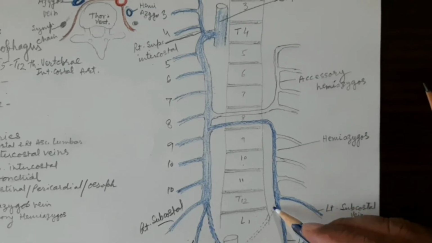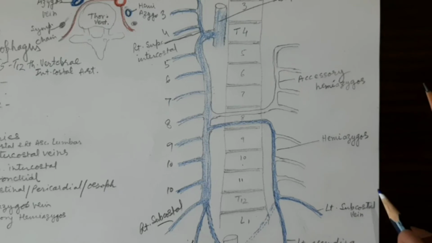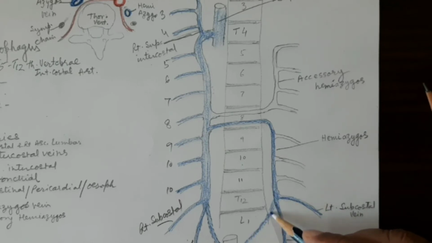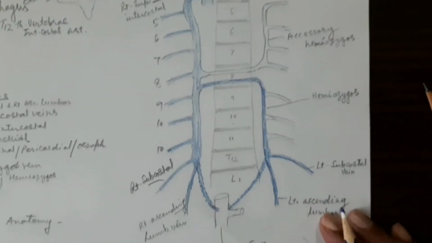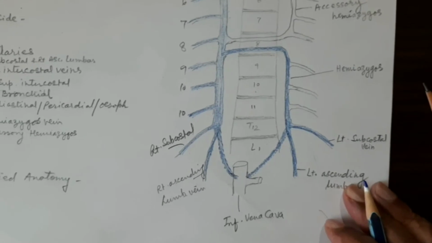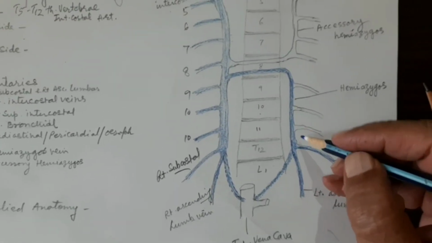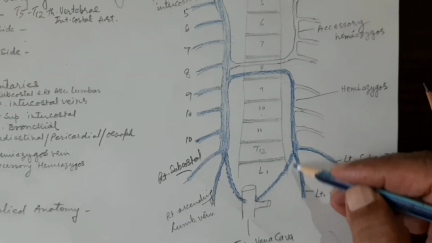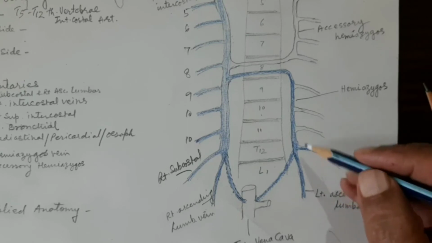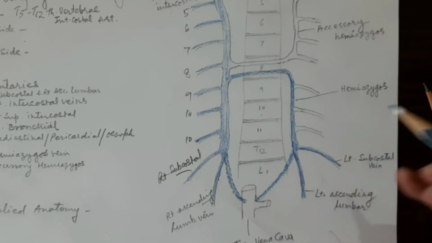Now if you see the tributaries of the hemiazygos vein, as I said, sometimes it may be formed by or arise from the left renal vein, or from the posterior aspect of the inferior vena cava. These are tributaries of the hemiazygos vein on the left side.